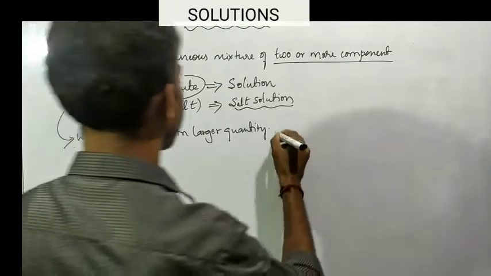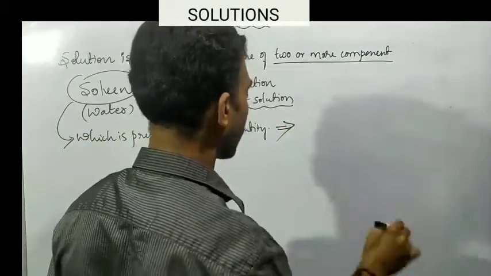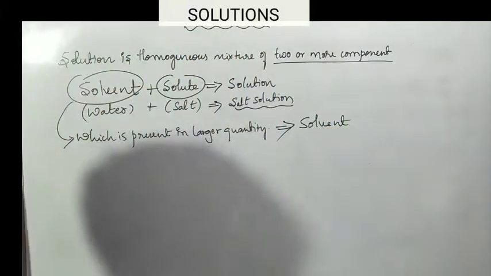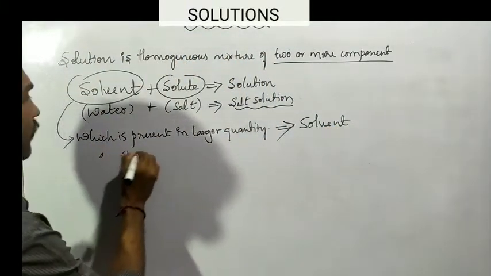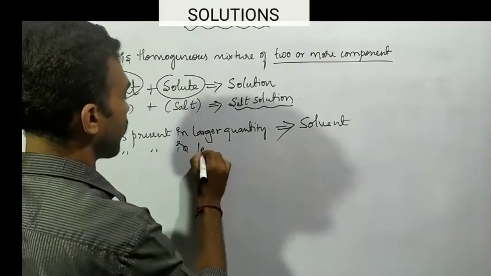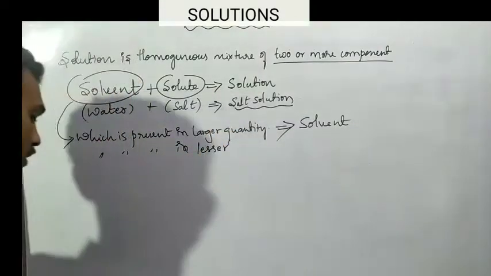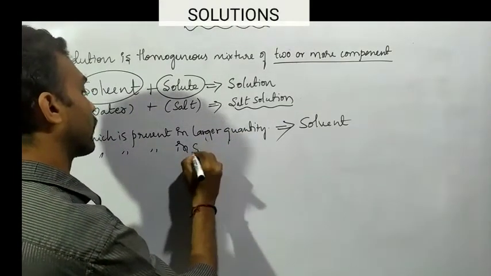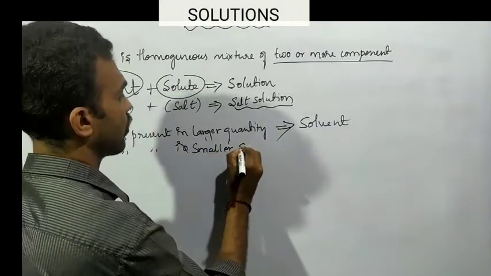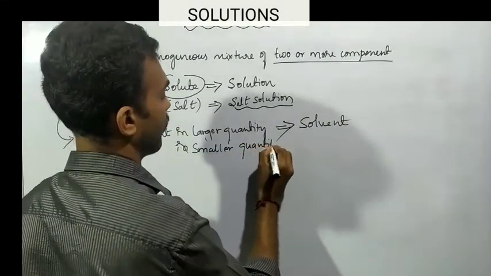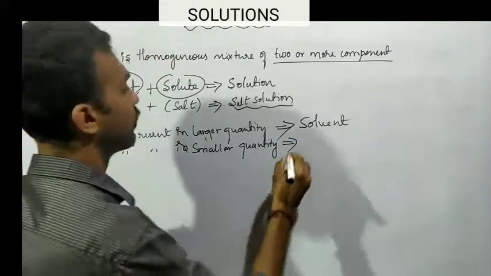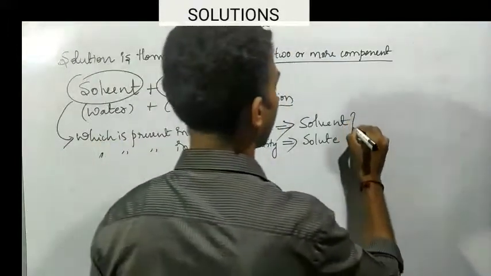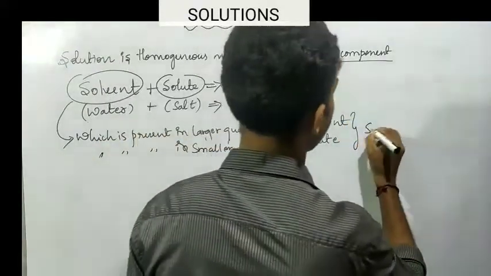That component we call the solvent. The one which is present in lesser quantity, or you can say smaller quantity, that is the solute. So both solute and solvent form what? Solution.